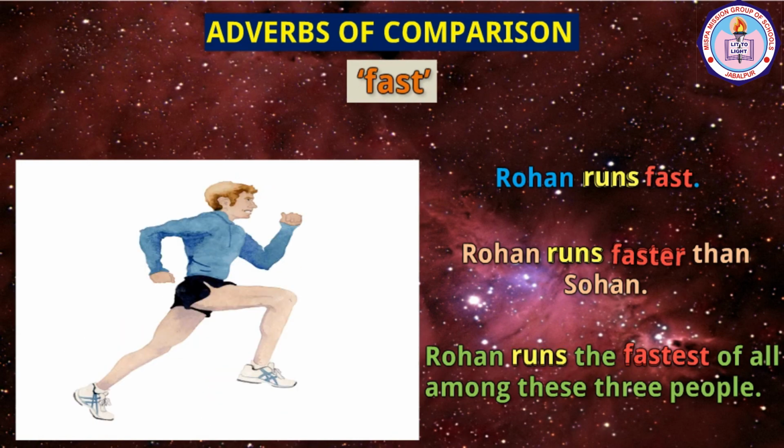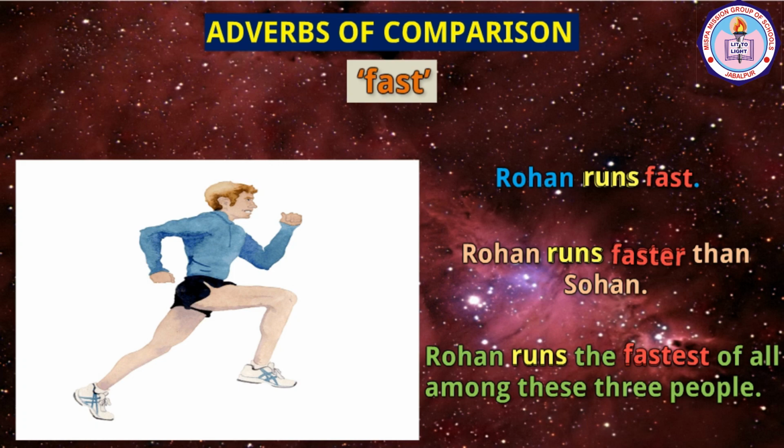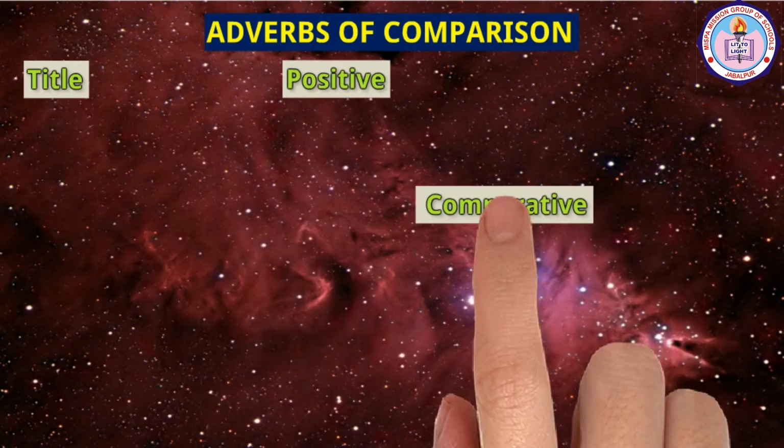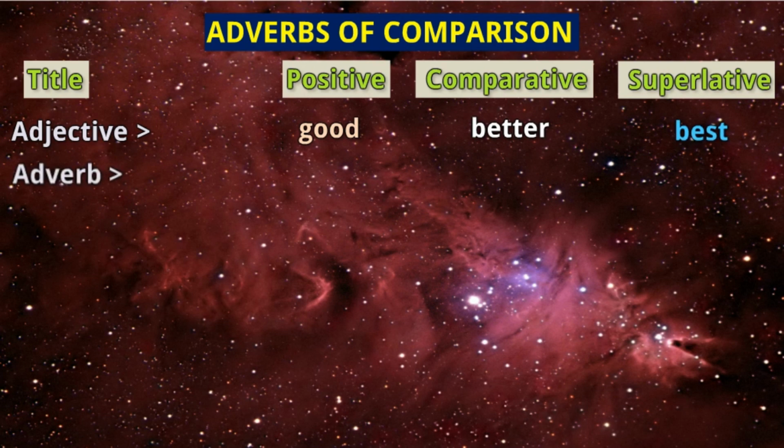Let us see some degrees of comparison using differently as adjective and adverb. They are explained under the headings of title, positive, comparative, and superlative. Adjective: good, better, best. Adverb: well, better, best.